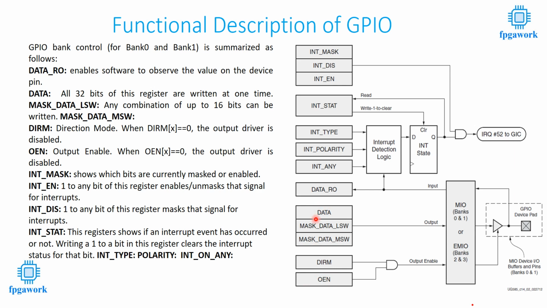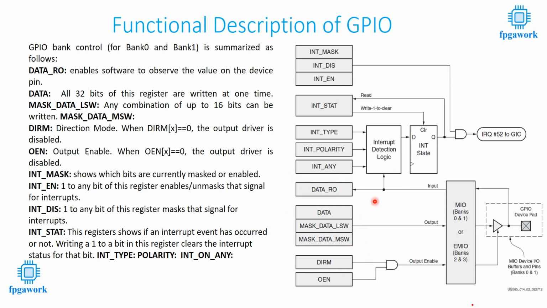Data: if the GPIO is configured as output, the data that should be written to the output port will be written on this register. If you want to read the GPIO's status, I mean if you have configured GPIO as an input, you will be reading data from these registers. All these registers have addresses which are mentioned again in UG585.